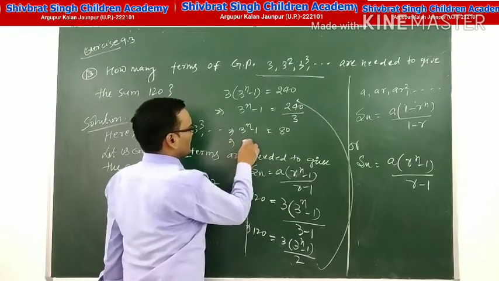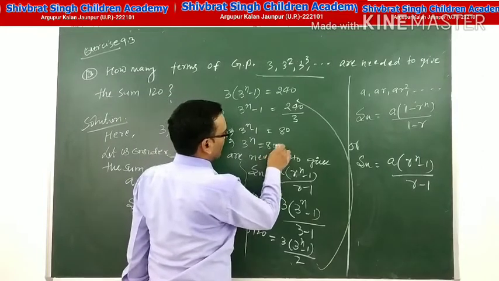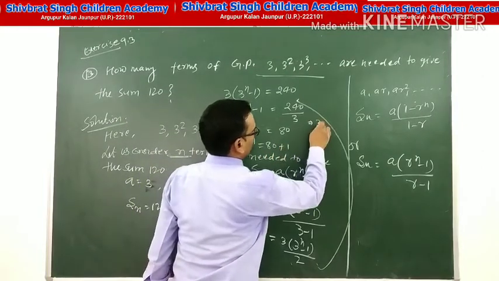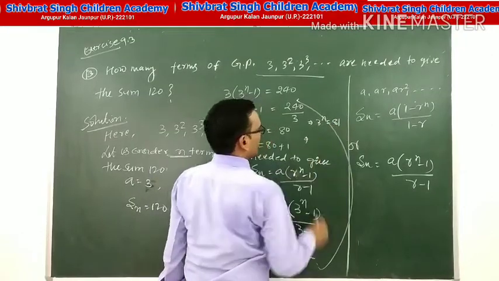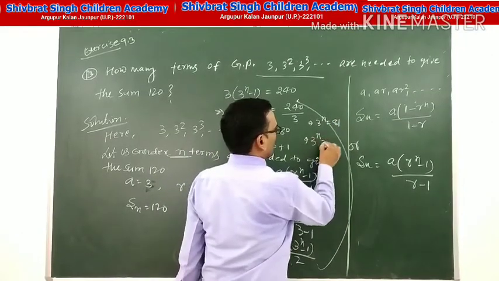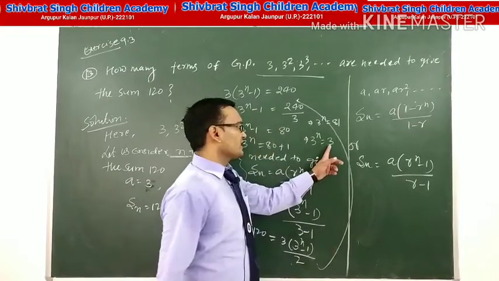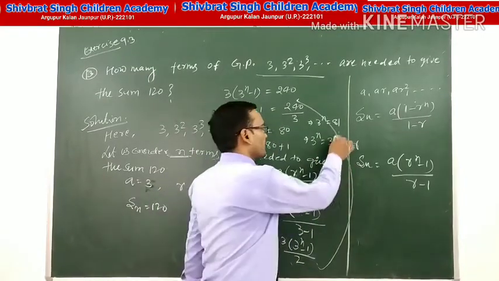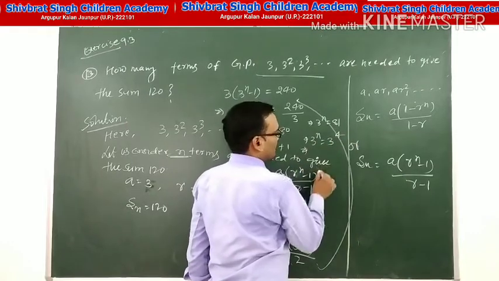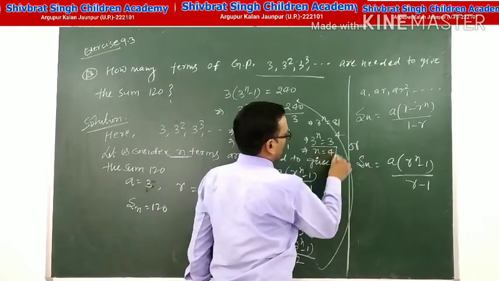This implies that 3 to the power n equals 80 plus 1, so 3 to the power n equals 81. Now 3 to the power 1 is 3, 3 square is 9, 3 cube is 27, 3 to the power 4 is 81. Compare this and find the value of n equal to 4.